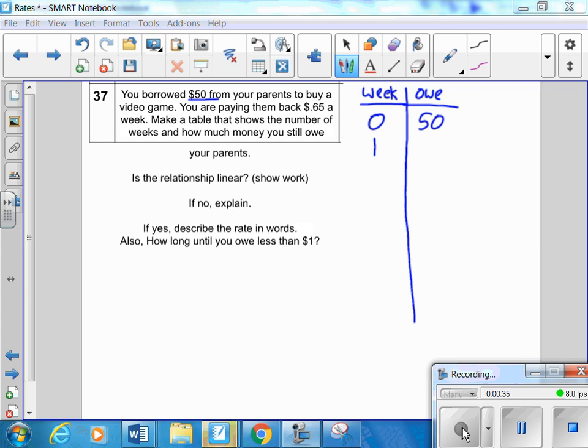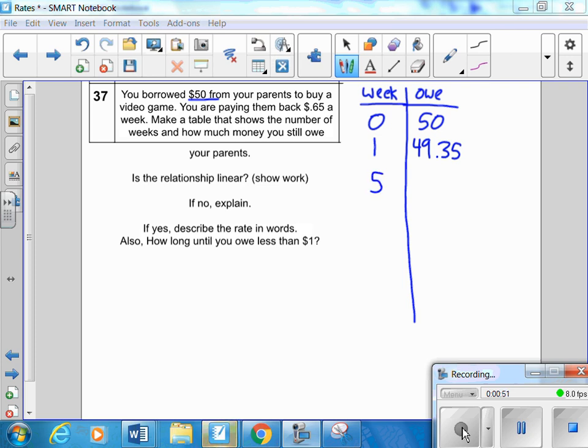1 week, you're going to owe them, well, let's see, we pay them back 65 cents. So take 50 minus 65 cents, you're going to owe them $49.35. Still owe them quite a bit. All right, let's go with 5 weeks.